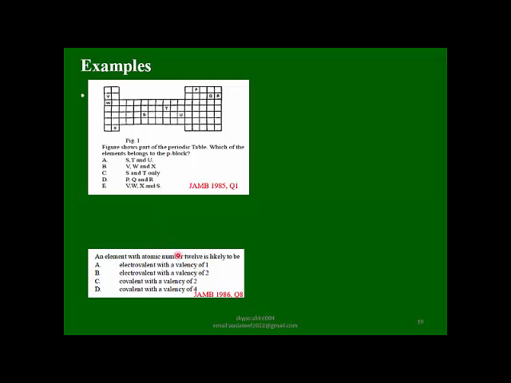An element with atomic number 12 is likely to be what? If we know the atomic number 12, we just need to write the electronic configuration 2, 8, 2. So 2 is the last, the valence electron. So is it a metal or non-metal? Our understanding of the position in the periodic table will help us quickly understand what is written here.